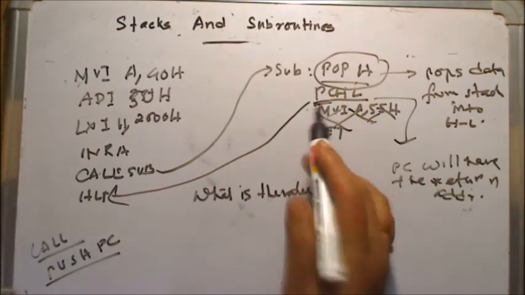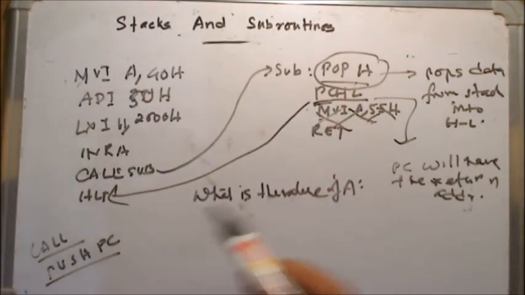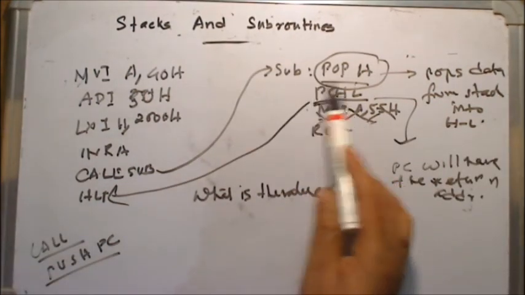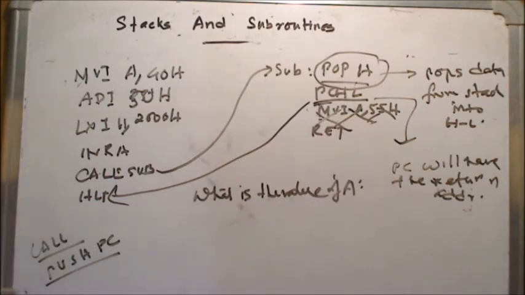Because POP H has retrieved the return address from the stack into the HL pair, and then we write PCHL, that is, the PC gets the data of the HL pair, which is nothing but the return address. So it directly takes the return address and returns to the next instruction of the main program. I hope this is clear.